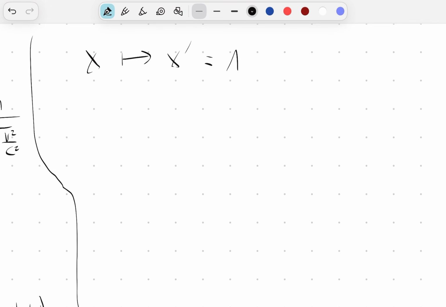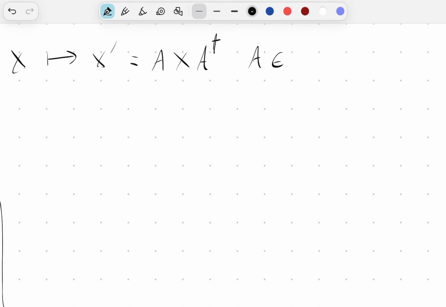The transformation would be related by x prime equals A acting on x acting on A dagger, where A belongs to the special linear group SL(2, C), where the determinant of A is equivalent to 1. Okay, that's what a special linear group is, versus just a general linear group.